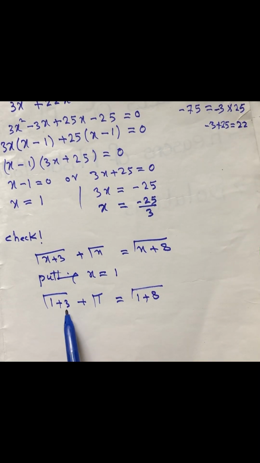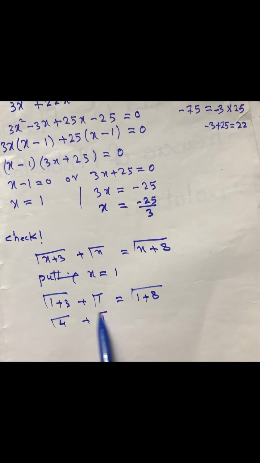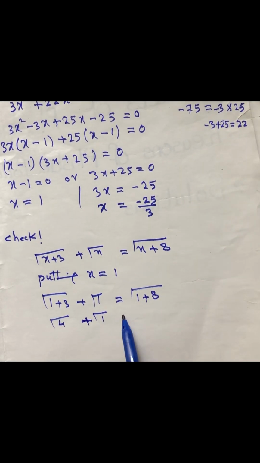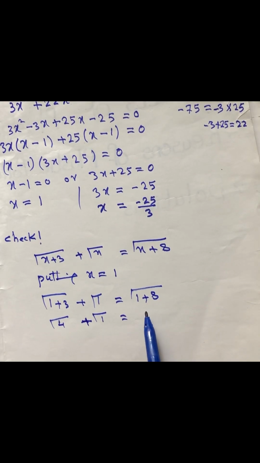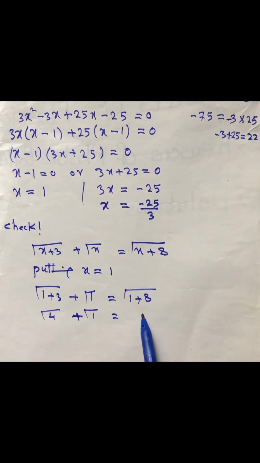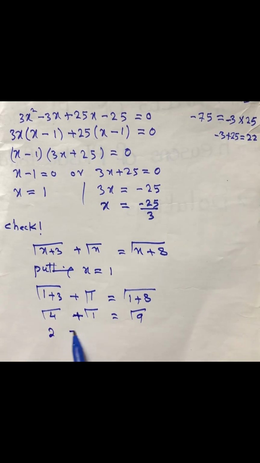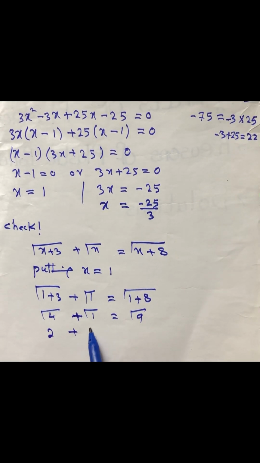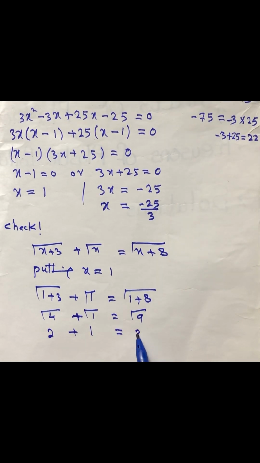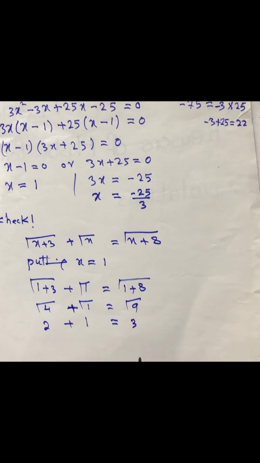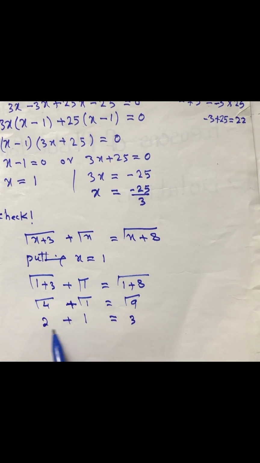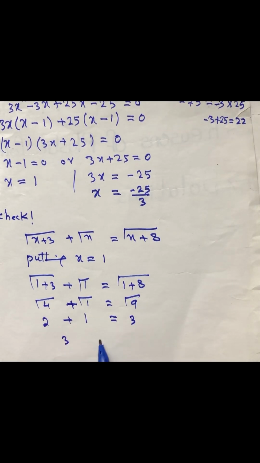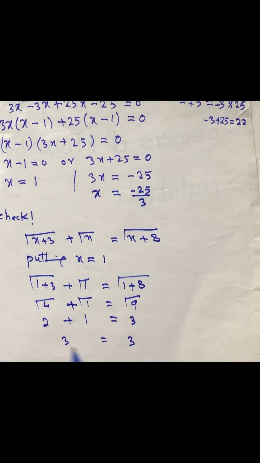Now 1 plus 3, square root of 4, and plus square root of 1 is equal to 1 plus 8 comes 9, square root of 9. Square root of 4 we know is 2, square root of 1 is 1, square root of 9 we know is 3. We are only taking the positive square root here to verify this one. 2 plus 1 comes 3, right side also 3, so it is verified.